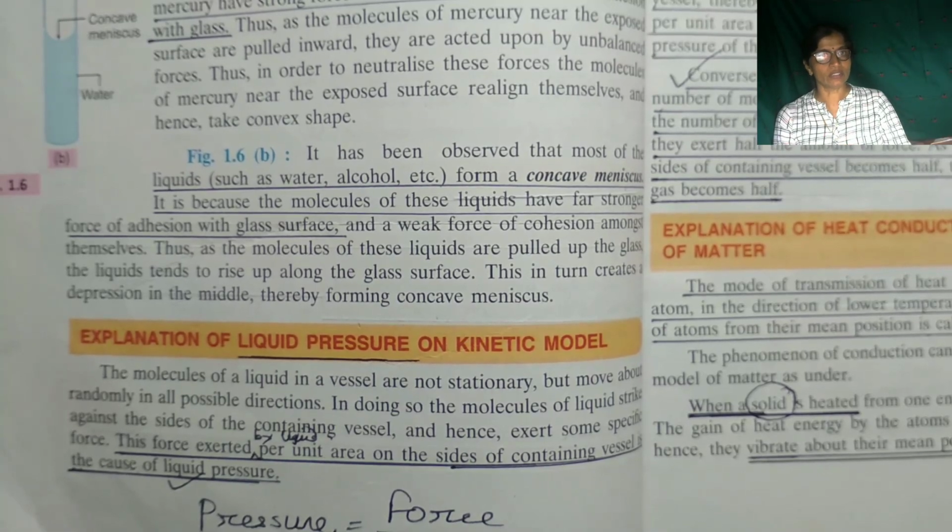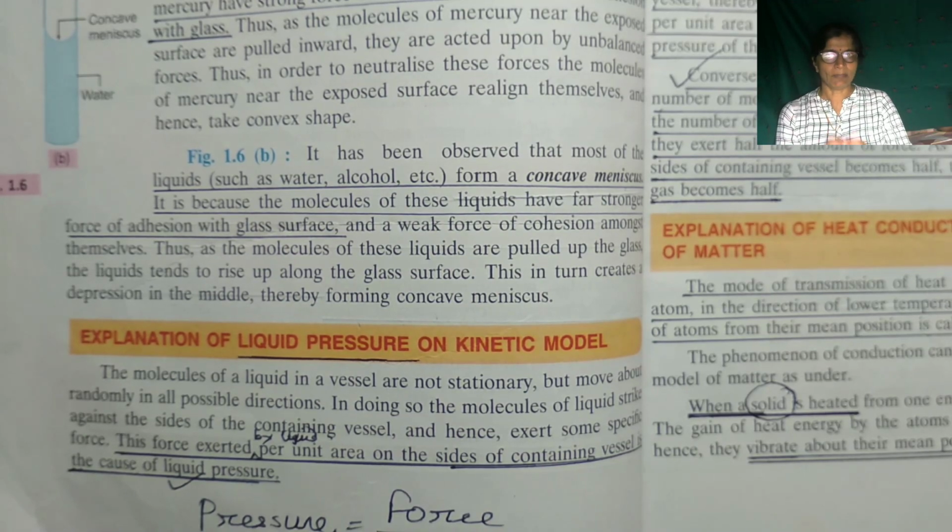In liquid pressure, first we have to know what pressure is. Pressure is the force exerted by the liquid particles due to their random motion per unit area on the side of the containing vessel. Actually, the particles of the liquid are in random motion.